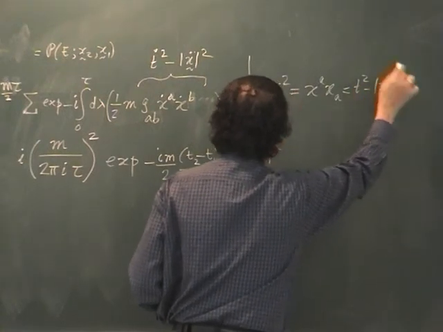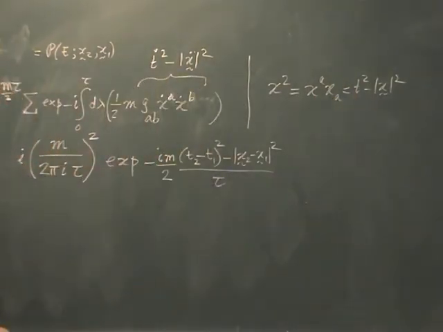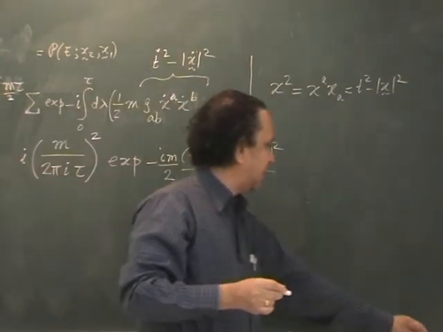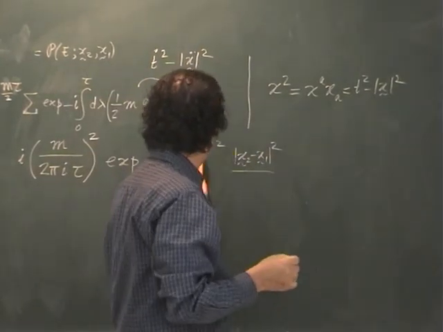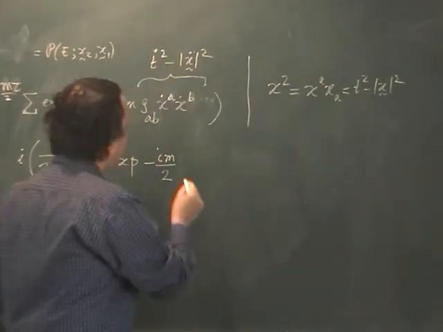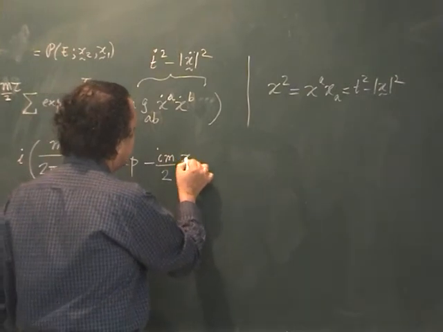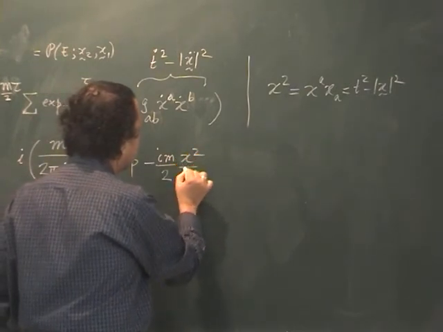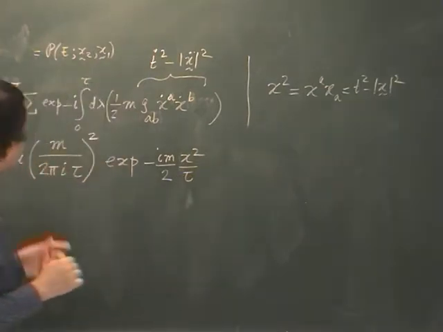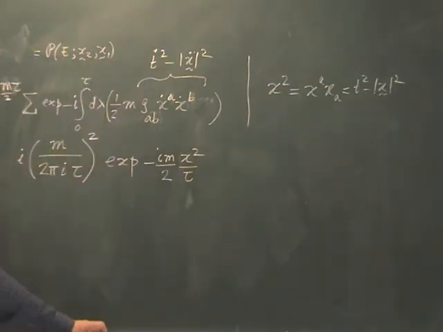Feel free to stop me if at any stage the notation becomes complicated. So we plug that in. So this entire expression became x square by tau. Then I just made a change in the variable. I called tau to be 2s.